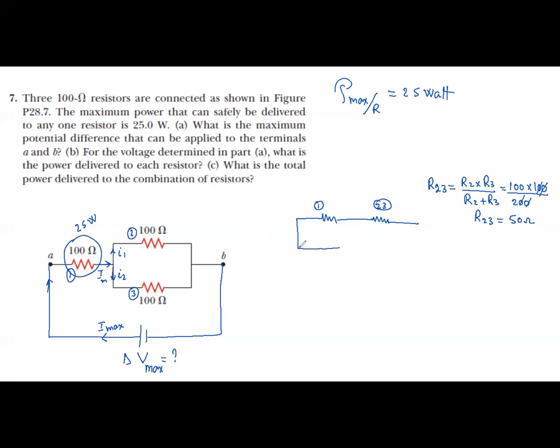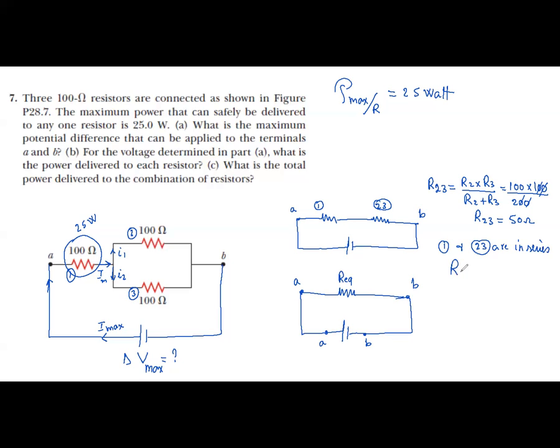And here we have delta V between the point A and the point B. Now we can calculate the equivalent resistance between the point A and B. Here we have 1 and 2,3 in series.